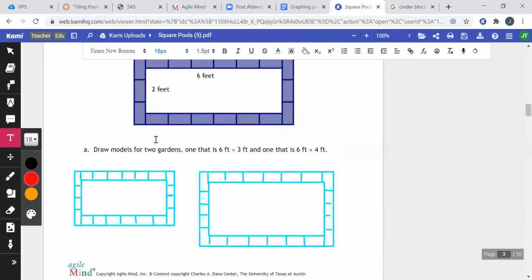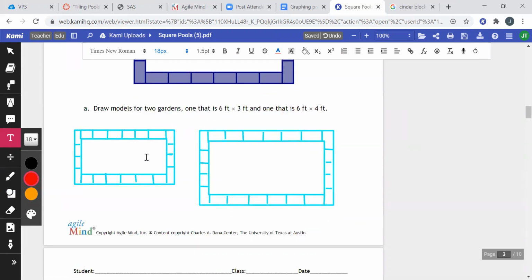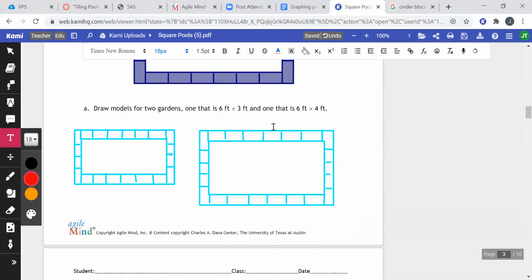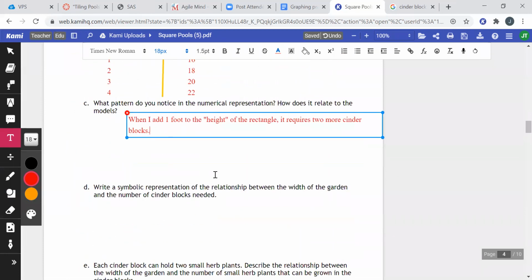We noticed that, right? It adds 1 on each side here. There used to be 2 on each side, now there are 3 on each side, and there are 4 on each side, then there are 5 on each side. That's what's changing with the number of cinder blocks. The top and bottom are always 6 because they said this never changes. The width of the rectangle never changes.